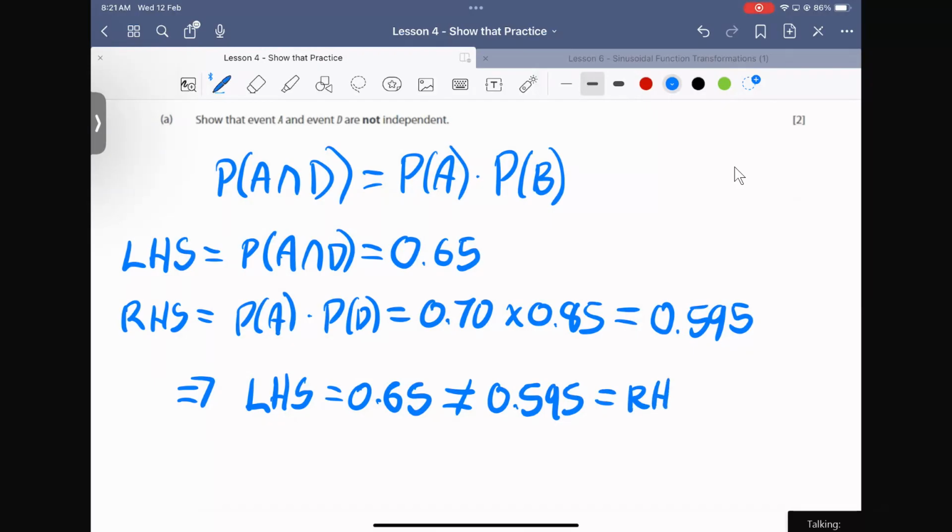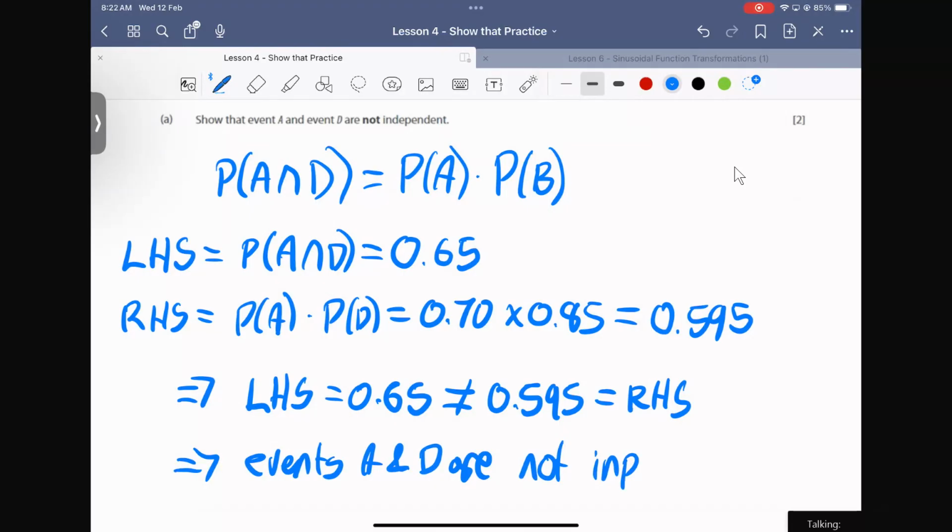The left-hand side doesn't equal the right-hand side, which implies, and we always have to end with the answer given, events A and D are not independent.